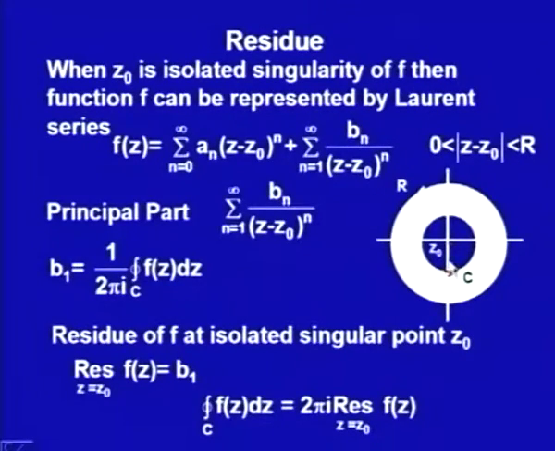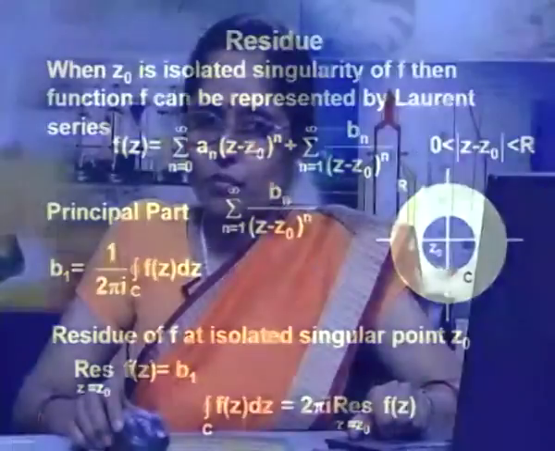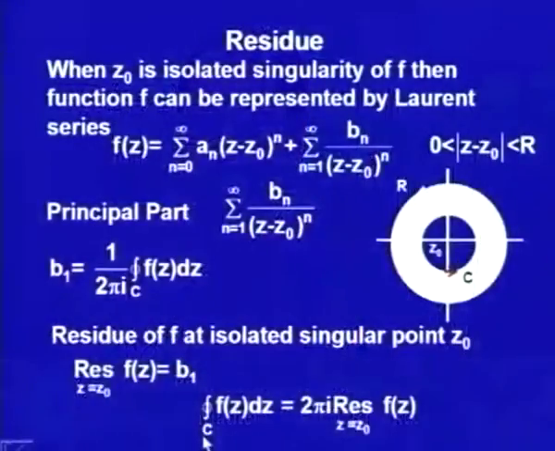This C I could take as any circle such that it is a small neighborhood where z naught is the isolated singularity of the function f. So, now f is not analytic. When f fails to be analytic, or f has one singular point in the interior of this closed contour C, we could evaluate this integral as 2 pi i times the residue of f at this point.